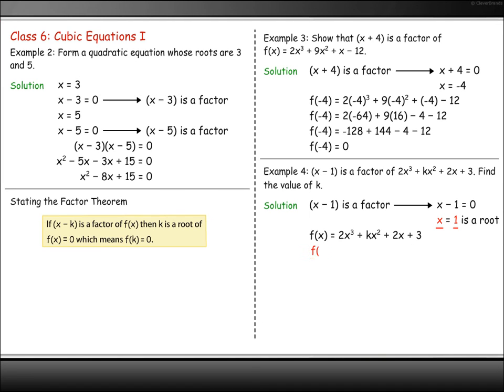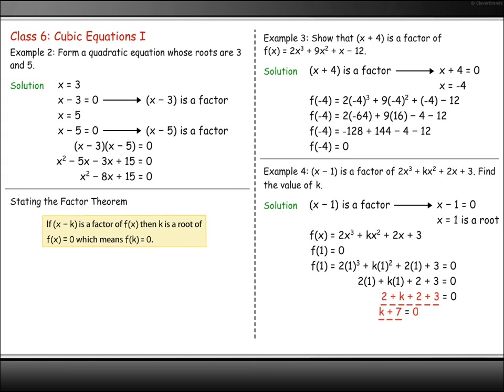If 1 is a root, then the f of 1 equals 0. Find the f of 1 by replacing x with 1. Work out powers first. Multiply out. Solve for k, giving an answer of k is equal to minus 7.